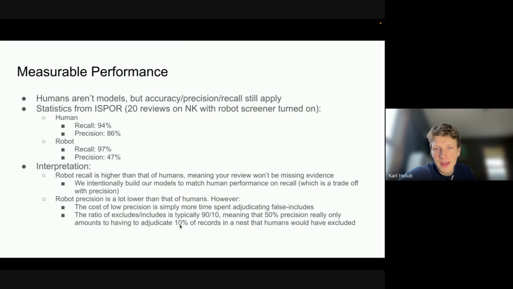We really only increase the amount of adjudication work by about 10% of the total records in the nest, versus previously having to adjudicate everything in the nest. So the penalty for false includes is not that high in terms of work put onto the adjudicator. This doesn't suggest you need to adjudicate 50% of the records. It means you need to adjudicate 10% of the records extra. So it's not as dire as the statistic might suggest naively.